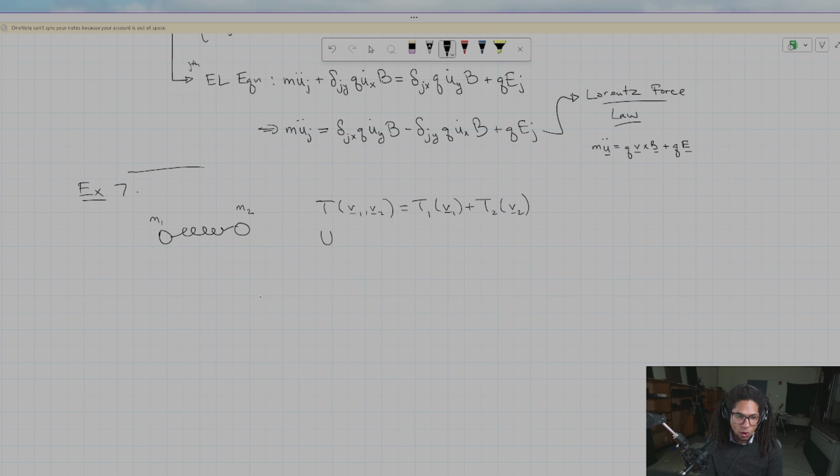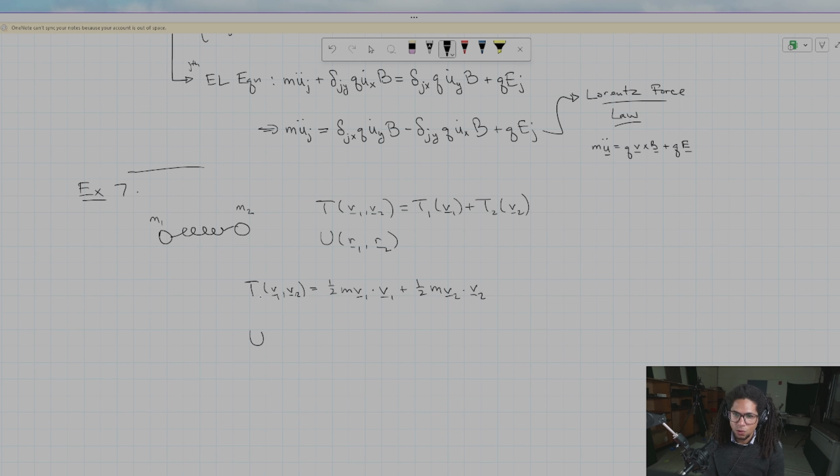That's the same almost for U. Every pair will have a potential energy that adds. But in this case, we only have one pair. We already discussed in the lecture on energy that we'll get one potential energy that depends on r1 and r2. Great. So what are these? Well, T of v1 and v2 is just going to be 1/2 m v1 dot v1 plus 1/2 m v2 dot v2, no problem there.